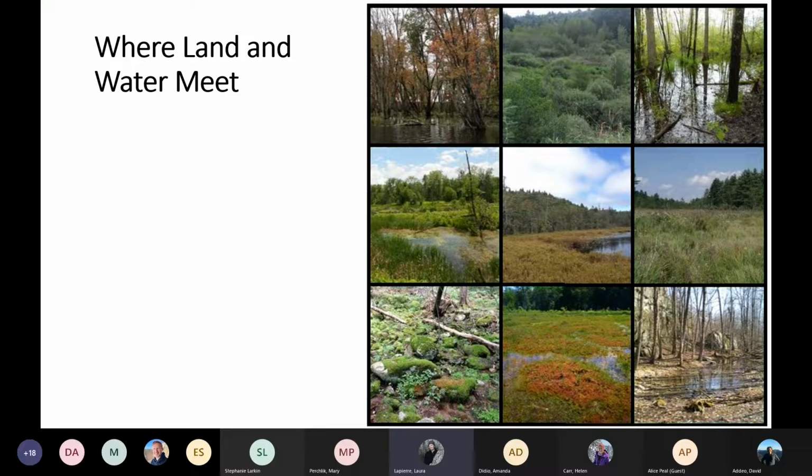To technically identify wetlands, we look at whether there's a prevalence of water-loving plants, if there's presence of water, and if there are hydric soils, which might be deep, dark soils or soils that are gray with orange dots and such like that.